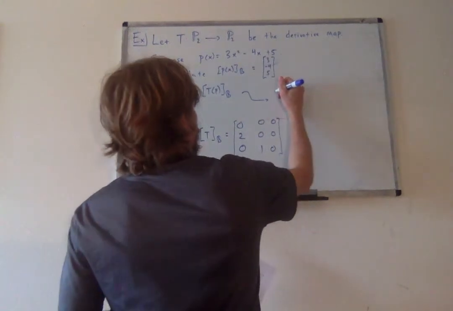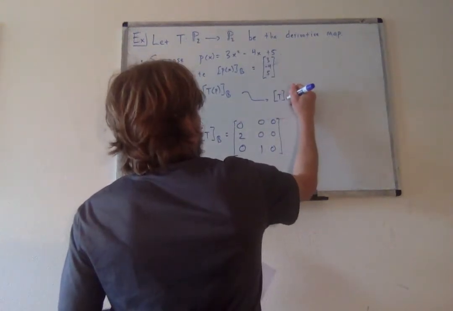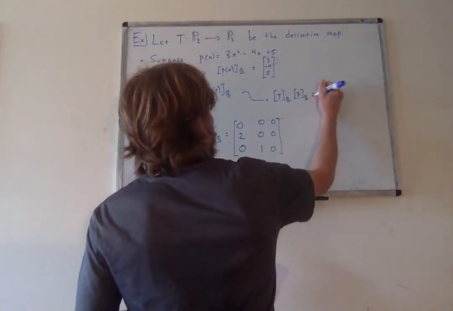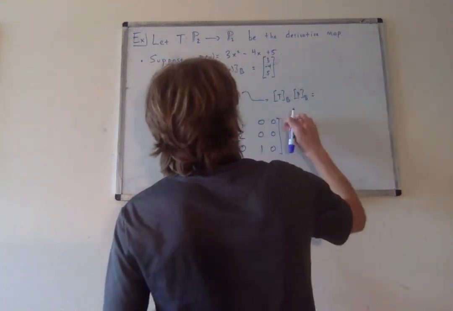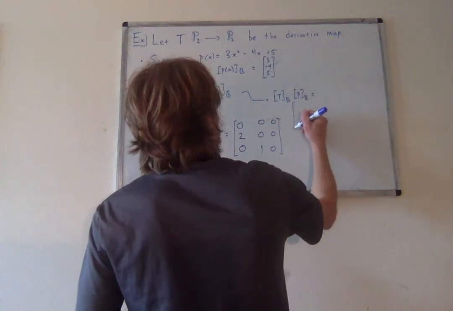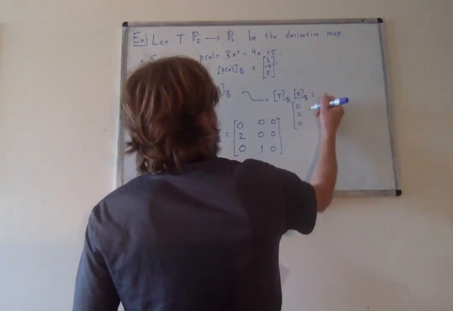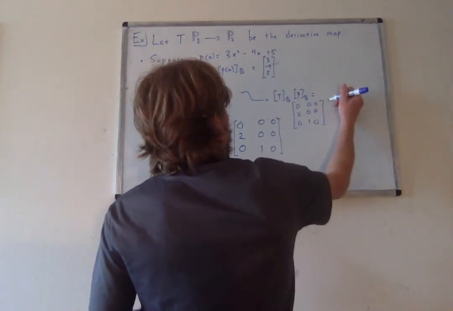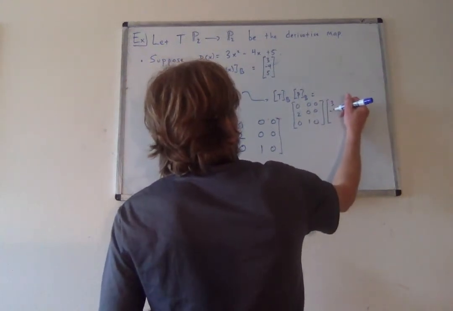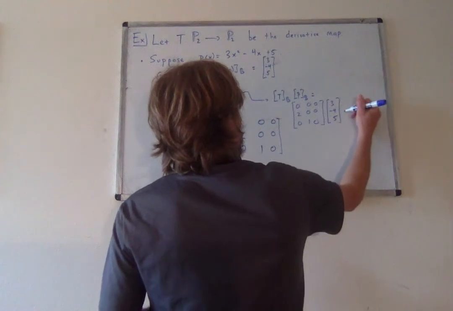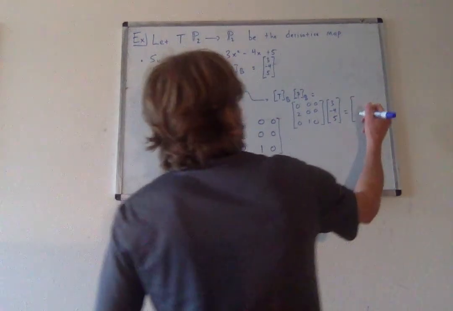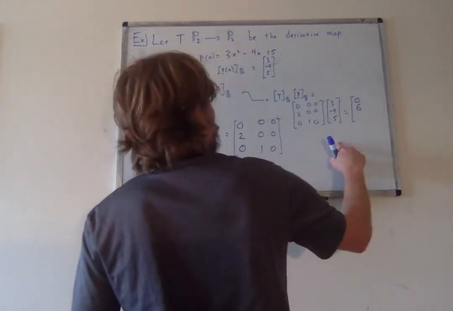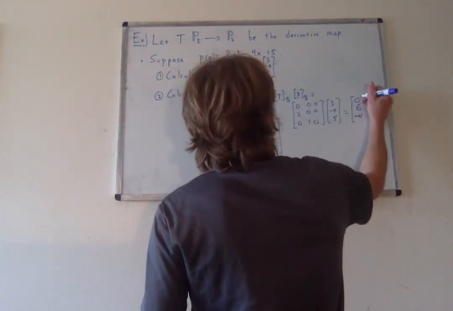So now this is equal to the B matrix for T times the B representation of P, which is this matrix here times 3, -4, 5. And this gets me 0 in the first entry, 6 in the second entry, and -4.